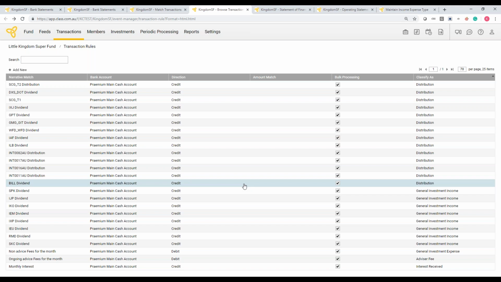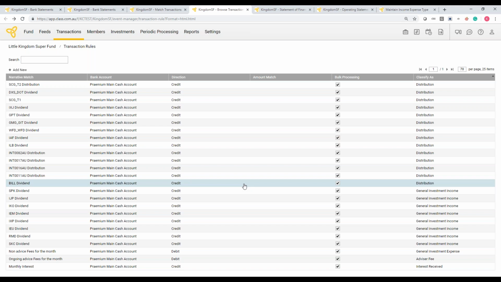Now, normally when you receive a distribution, you do not know the breakdown of what that distribution is made of, because you need to do a tax statement at the end of the financial year to reflect that. Because of that, we encourage you that if any narration mentions anything to do with SCG or GPT or Westfield, WFD, then you know they are likely to be distributions. So you create a transaction rule to pick up that.